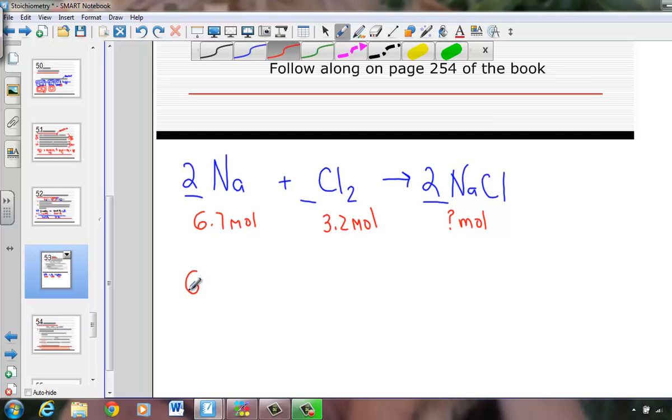The easiest way to achieve this is just setting up two separate stoichiometric journeys. Let's begin with the first reactant's given quantity, 6.7 moles of sodium.